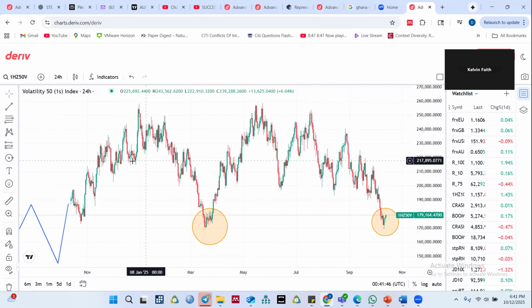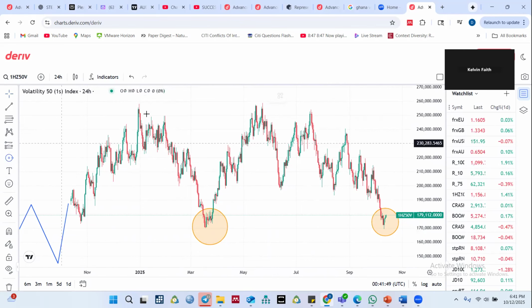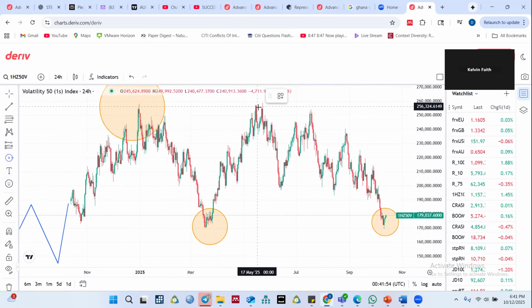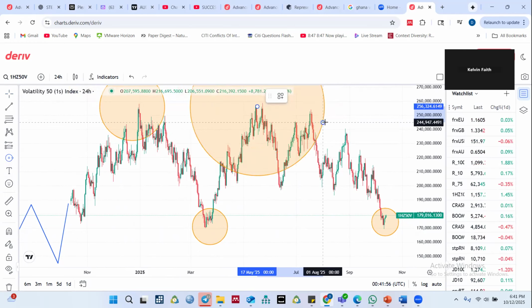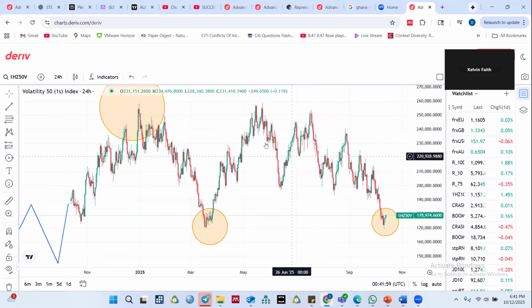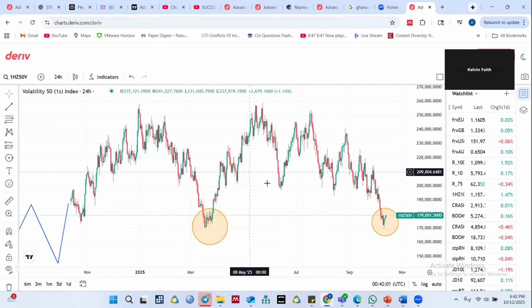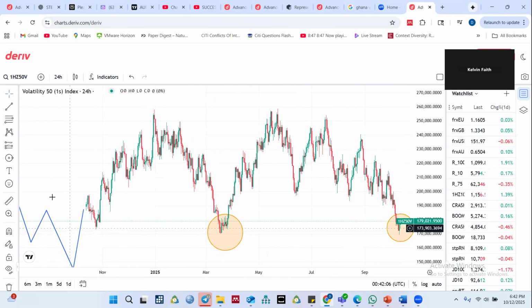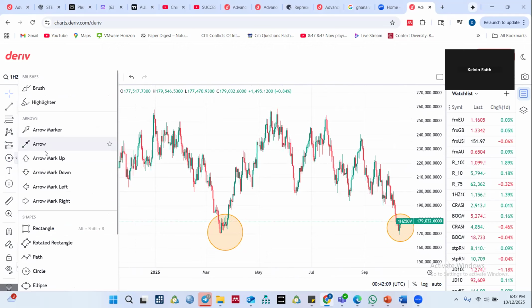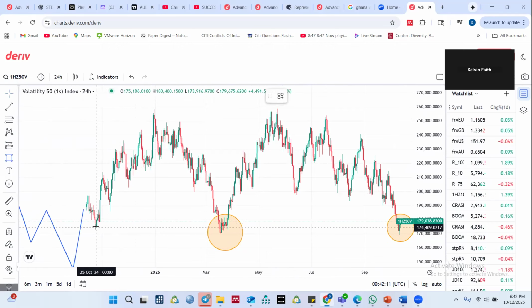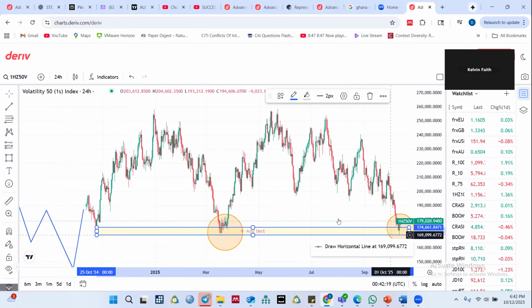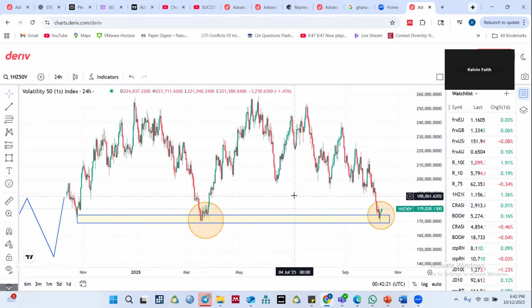But if you look at the bigger picture, you could see a double top, like this is one top, and all these places could be viewed as another top. But that's not what I'm looking at right now. So let's say this whole zone looks like a support zone where price has hit.